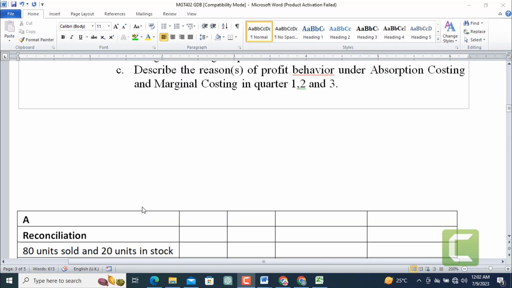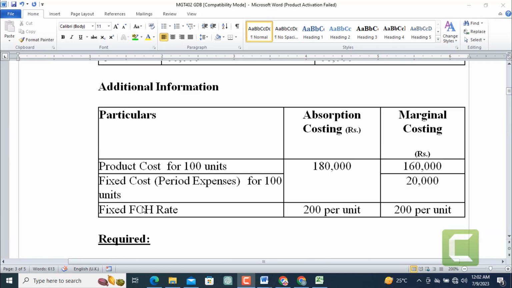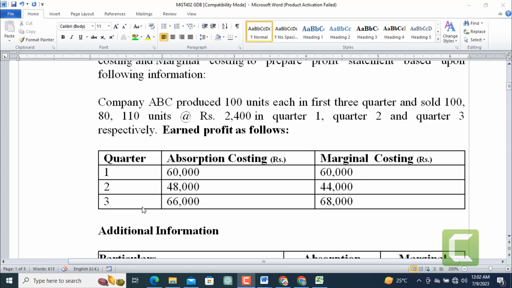Now we are going to move to a numerical example to state it in more depth. So this is the example. Company ABC produced 100 units each in the first 3 quarters and sold 100, 80 and 110 units at rupees 2400 in quarter 1, quarter 2 and quarter 3 respectively.